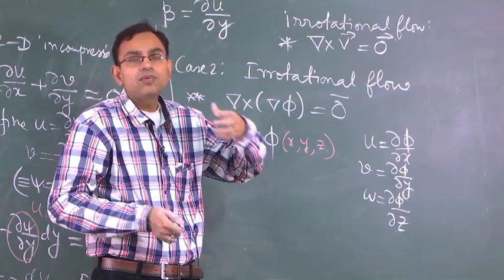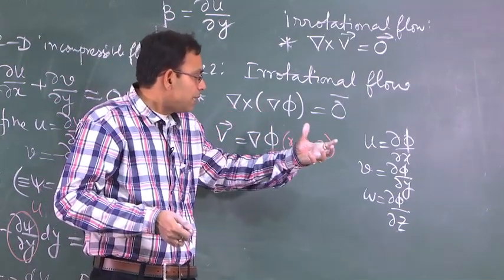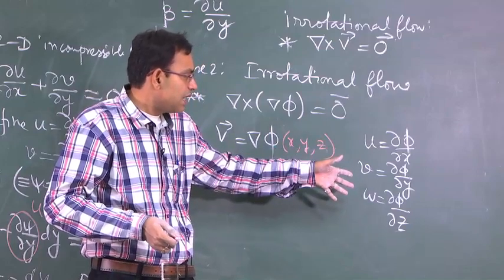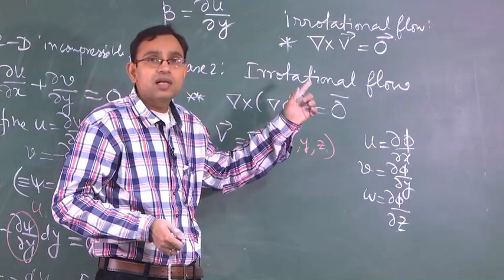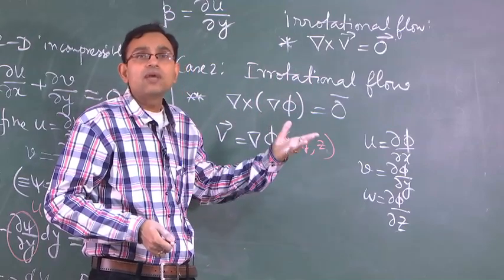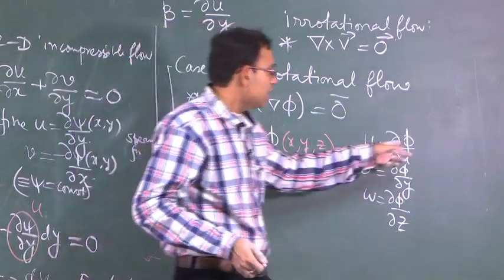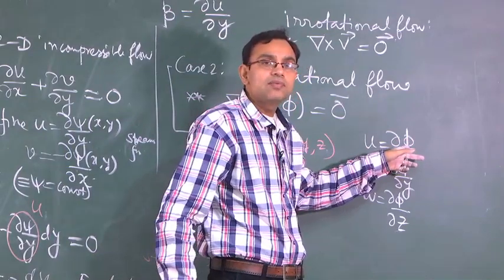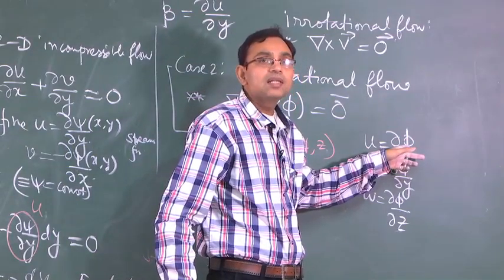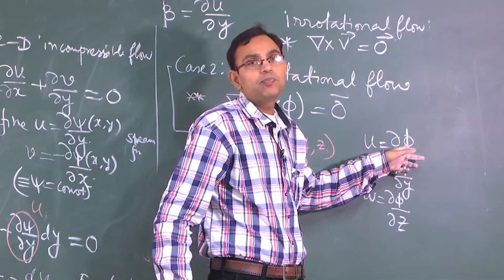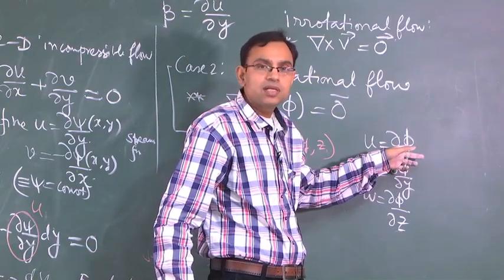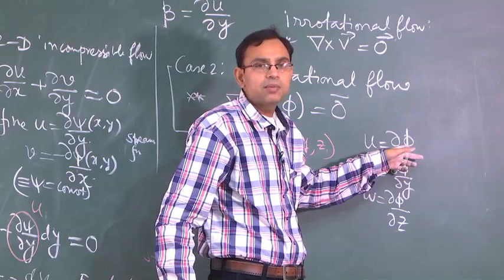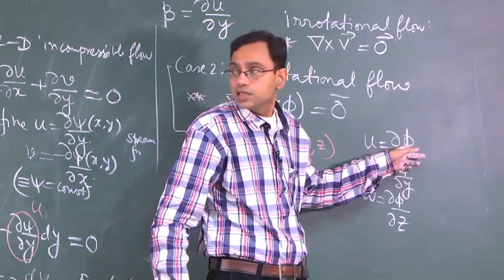How it can do that we will see later on, but one of the interesting things is that if the flow is both inviscid and irrotational, it will remain irrotational forever, and that means the velocity potential is always defined at all times, and such a flow is called potential flow. So, inviscid irrotational flow is called potential flow.